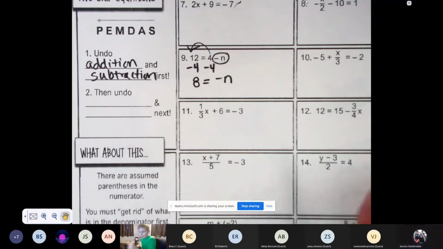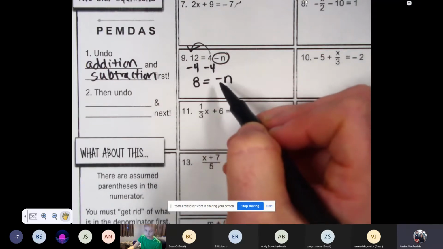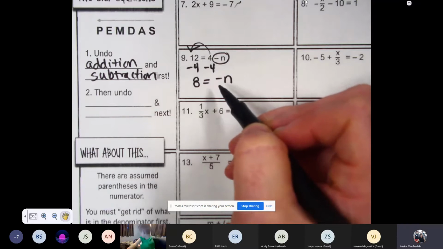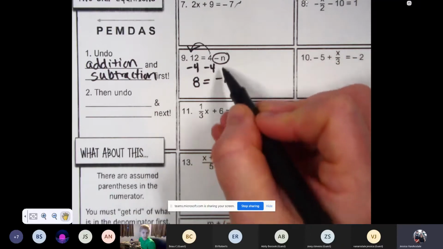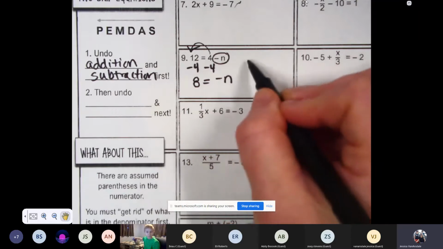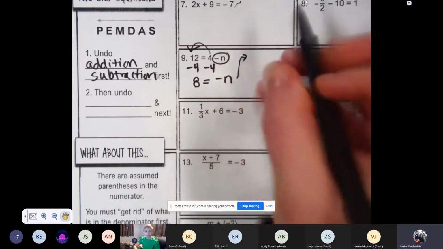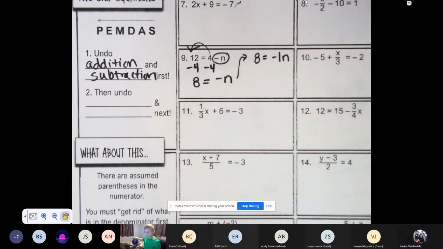Okay, we're not finished because we can't have our variable negative. So this is where we're like, okay, what is she doing? We haven't seen this before. What do I do now? What you want to think about is, if you remember, when you don't have a number in front of your variable, it's understood to be 1. We've talked about this before. So this problem actually looks like this: 8 equals negative 1n.